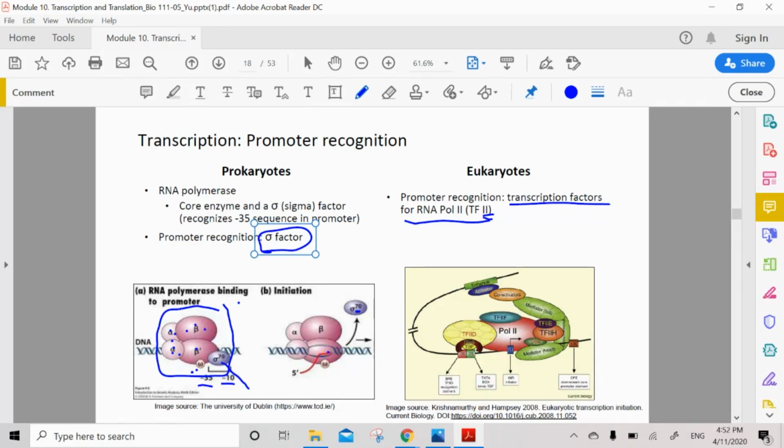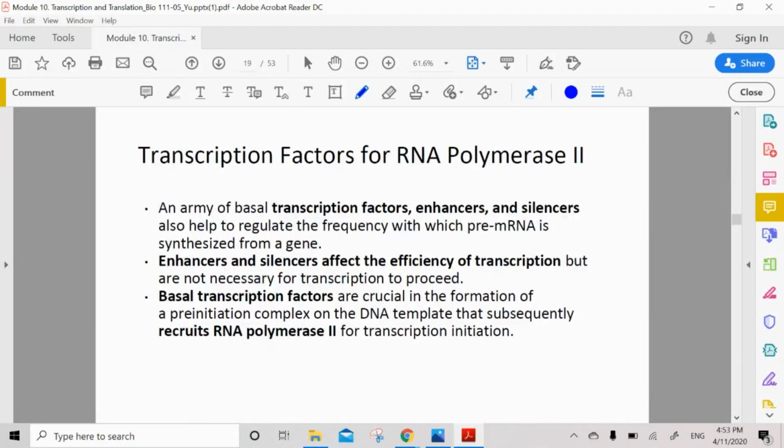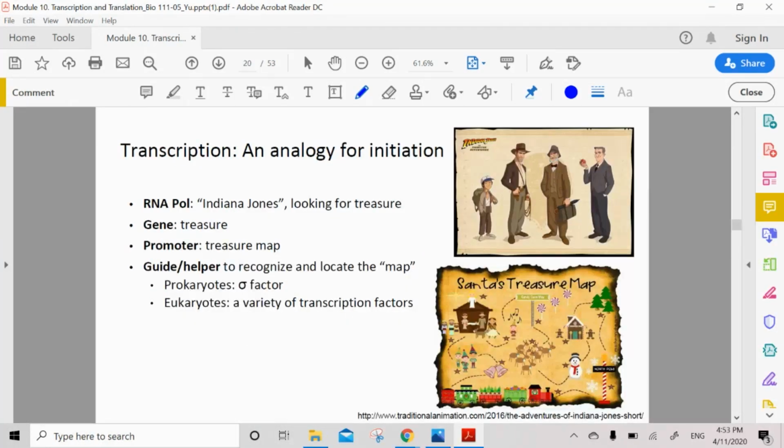Based on the order of discovery, we have D, E, F, H. All of these will bind to the promoter region first, and then they will bring the RNA polymerase to the promoter region. This is just a more detailed description. We have an army of different protein molecules, including the basal transcription factors, enhancers, and silencers, and you can read what they do.